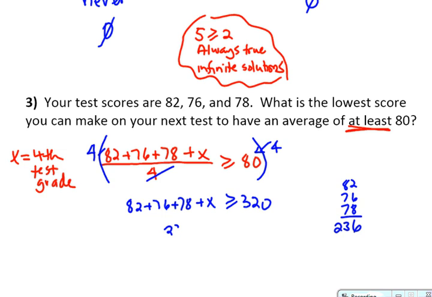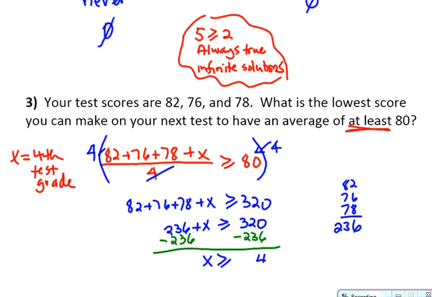So now I have 236 plus x is greater than or equal to 320. To solve it, I need to subtract 236 from both sides, and that will result in x is greater than or equal to 84. So in order to score an average of 80 or better, I will need to make an 84 or better on this next test.